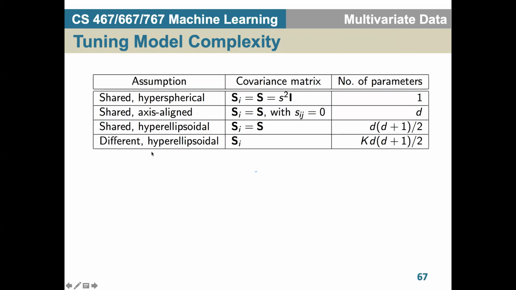Further, if you assume they are still sharing the same covariance matrix, but it's not totally uncorrelated, so different dimensions may correlate, then you have this. Why do we have this? Because the covariance matrix is d by d, but when you store it, it's a symmetric matrix, right? So if you store here, you can immediately get this.